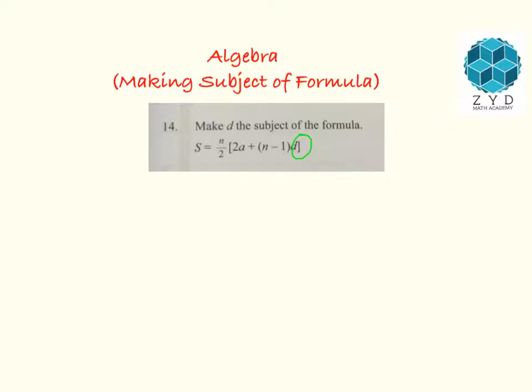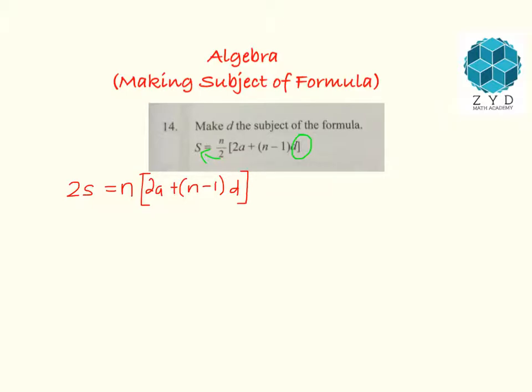So from my observation, I can see that I can bring up these two to the left hand side to remove the fractions, right? So I will get 2s equals to n with a square bracket of 2a plus (n minus 1)d, close square brackets.